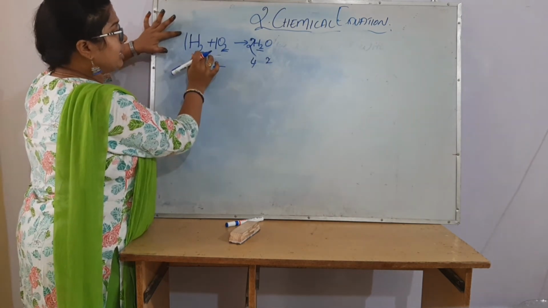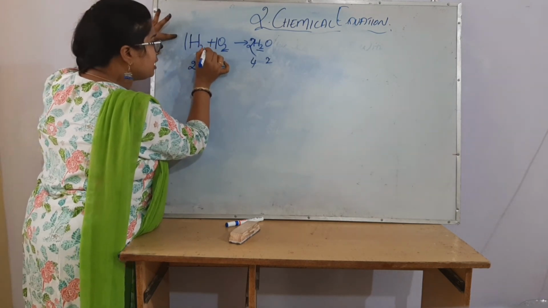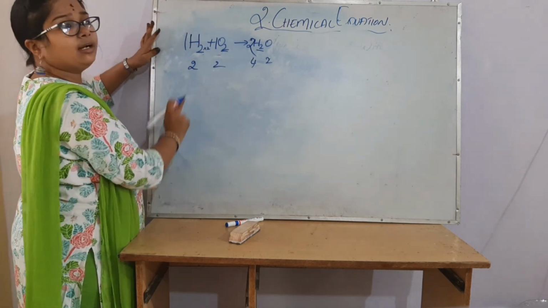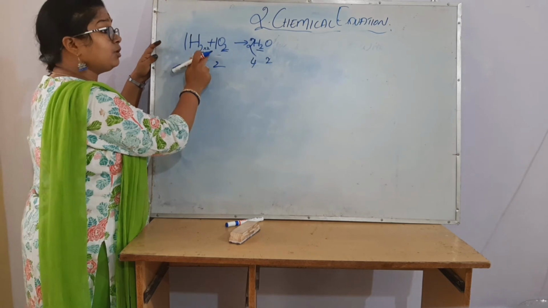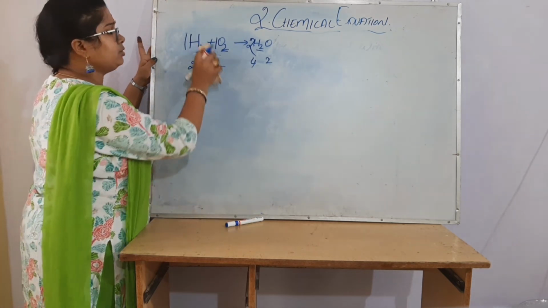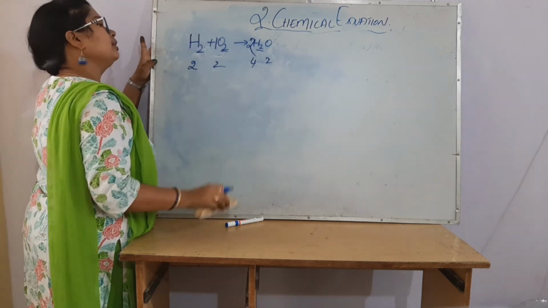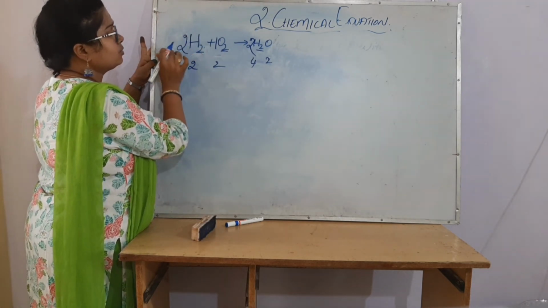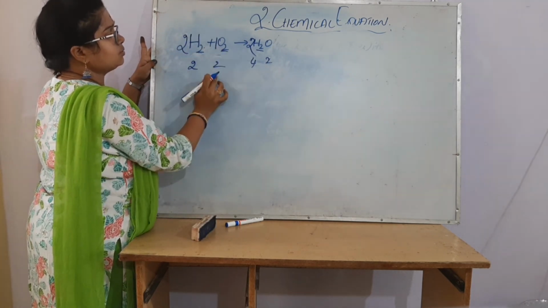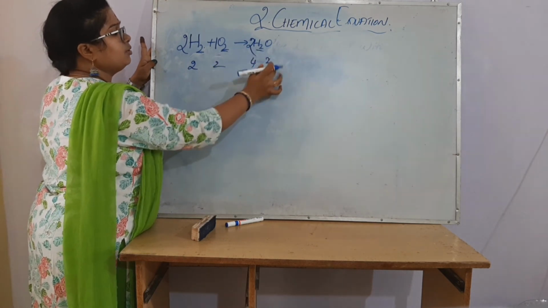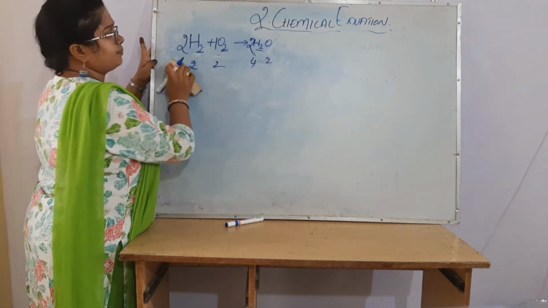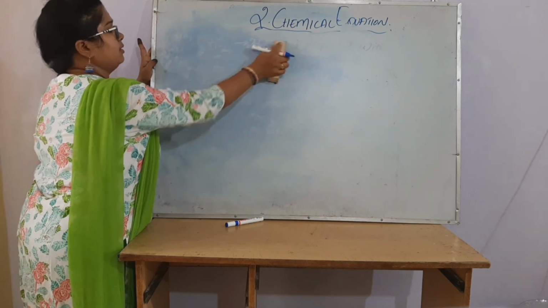So where shall I make it 2 here? Into 2, shall I do it here? Subscript you should not touch. Remember, subscript you should not touch. No, it's a wrong way. So where do I have to write? 2 2 is 4, 2 1 is 2, 2 2 is 4. Done.